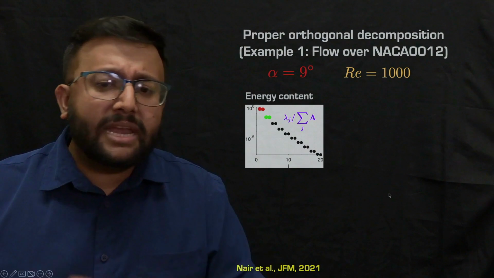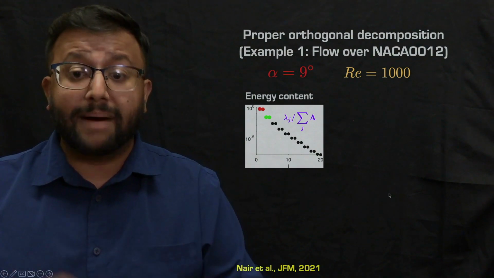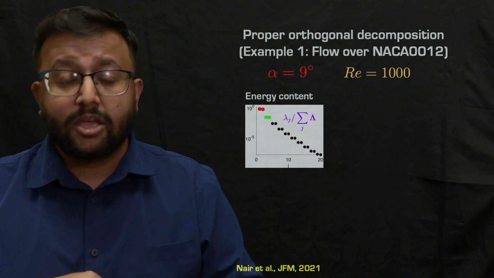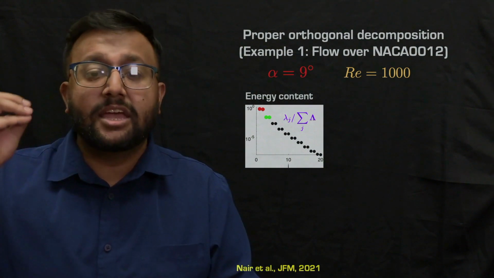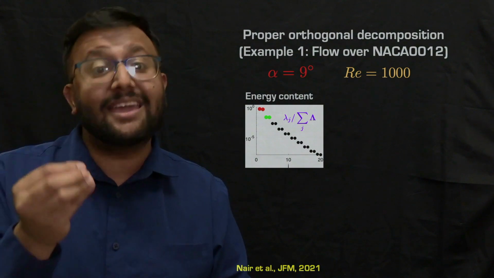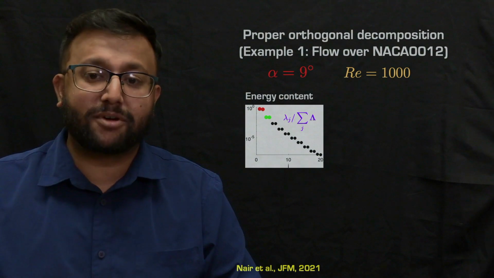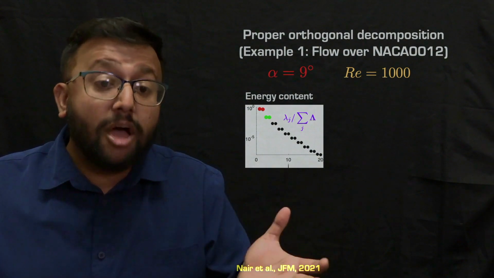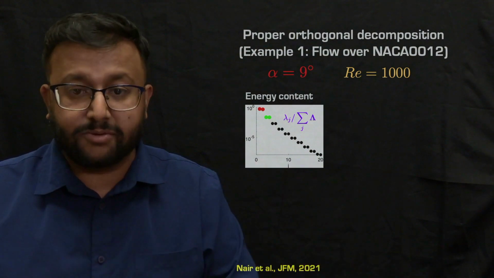First, we need to organize the different modes by their energy content. So how do we do that? The way we do that is by taking the ratio of the eigenvalues that we obtained from the method of snapshots approach, and the denominator is the summation over all the eigenvalues.